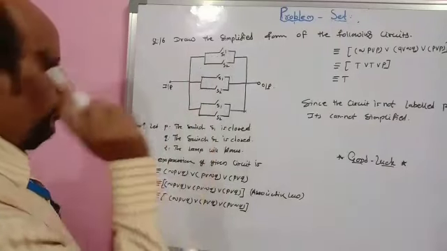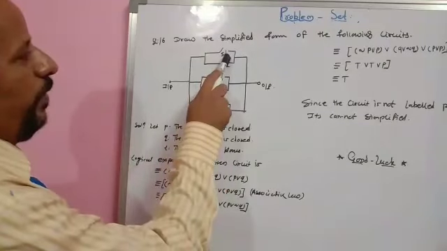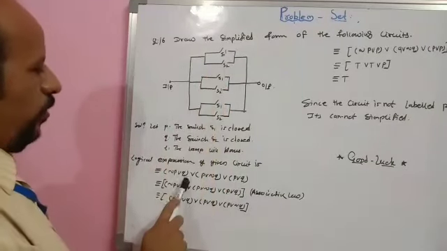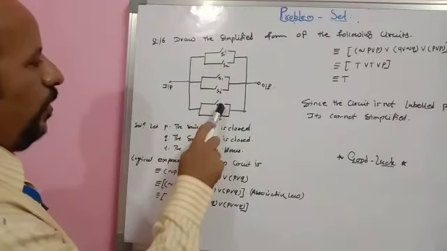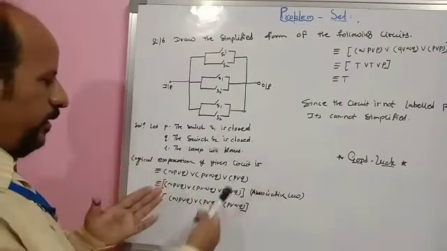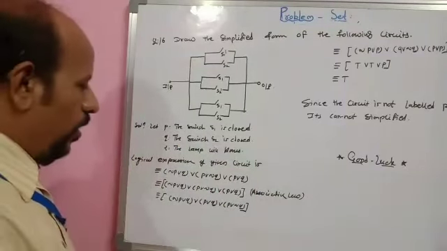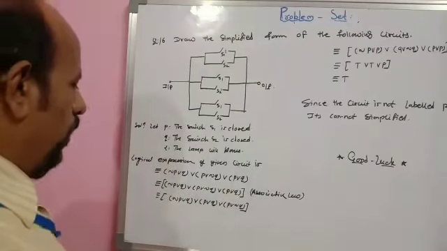Now we write the symbolic form of the given circuit: (not P or Q), (not P or Q), or (P or not Q), or (P or Q), (P or Q). Then we rearrange this using the associative law: (not P or Q), (P or not Q), (P or Q).